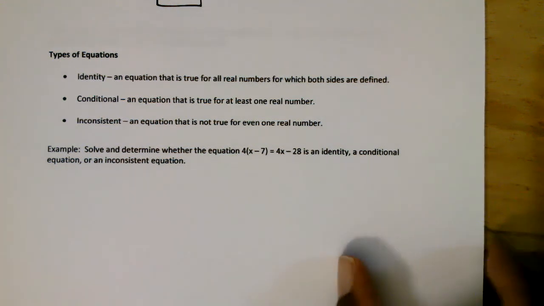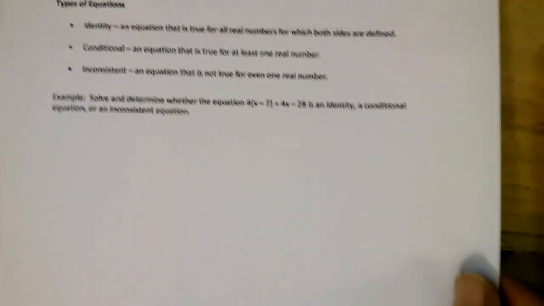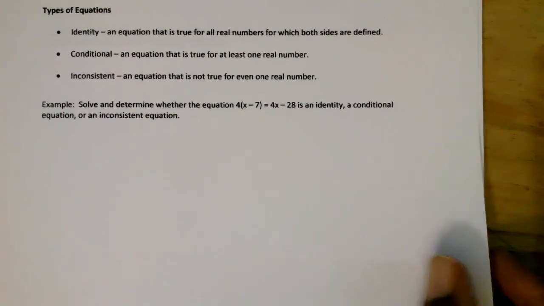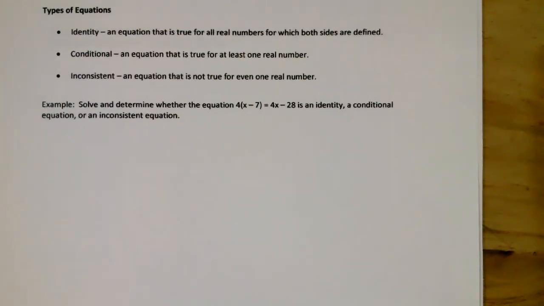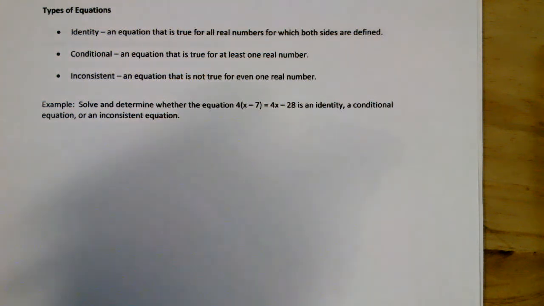So let's look at this example here. Solve and determine whether the equation 4 times the quantity x minus 7 equals 4x minus 28 is an identity, a conditional equation, or an inconsistent equation.